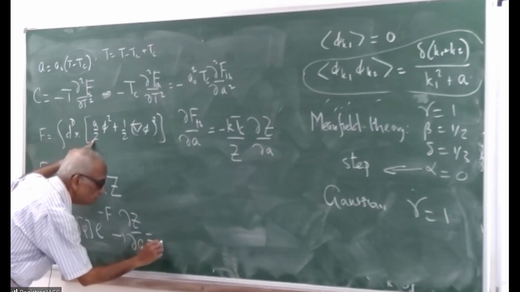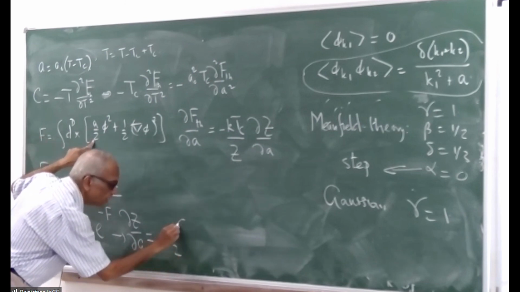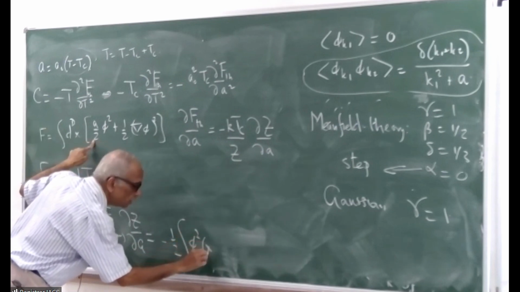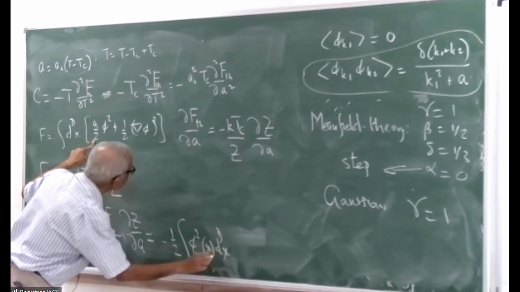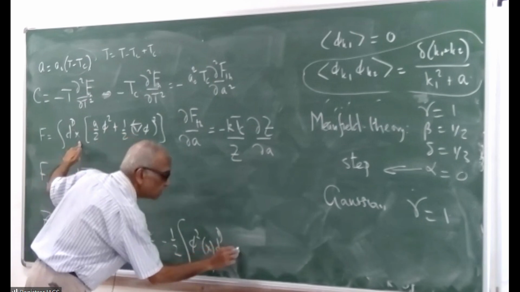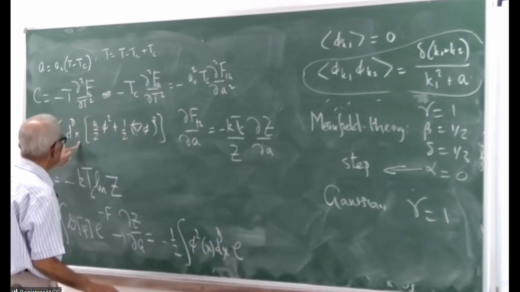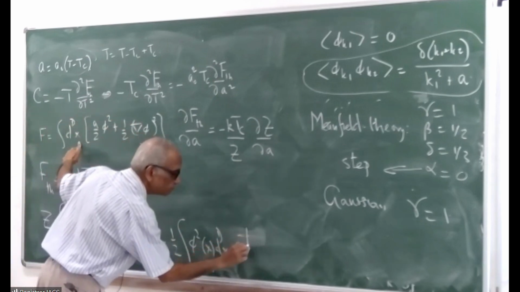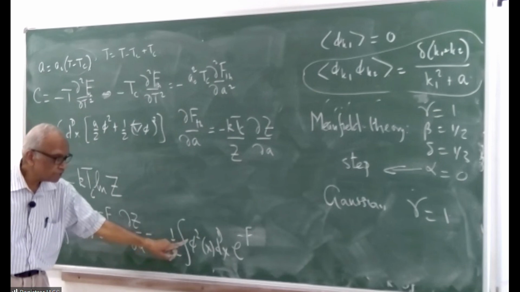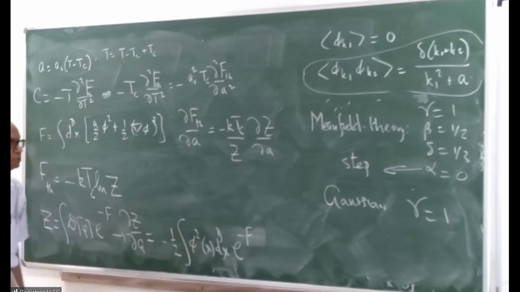So it is a minus half, and what is going to come down is phi squared of x, integrated over dx. That is what comes down, and I still have the e to the power minus F.